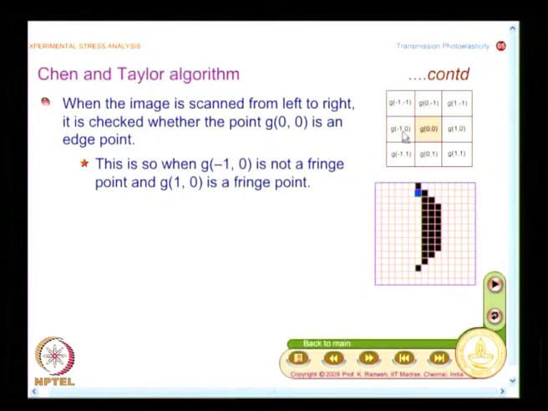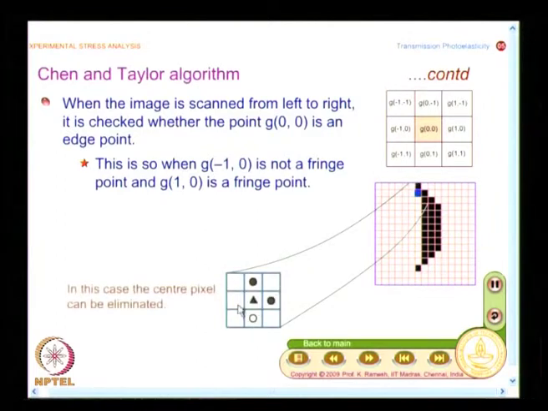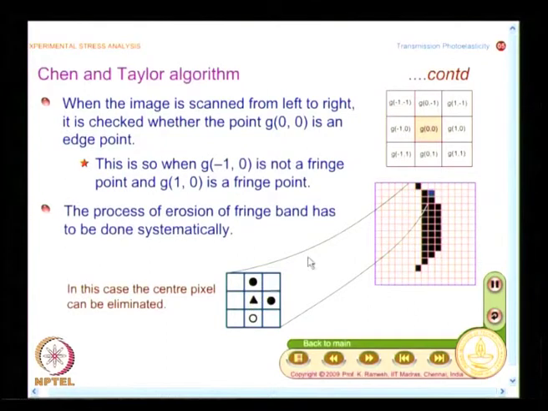That happens with g minus 1, 0, g 0, 0 and g 1, 0. So, this is not a fringe point and this is a fringe point, that is what is pictorially shown. If you look at this mask, this is not a fringe pixel and this is a fringe pixel. So, I can eliminate this, and when I eliminate it I still retain a contiguity of the fringe.